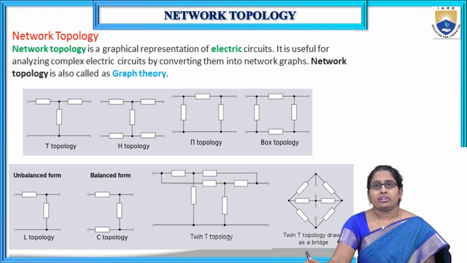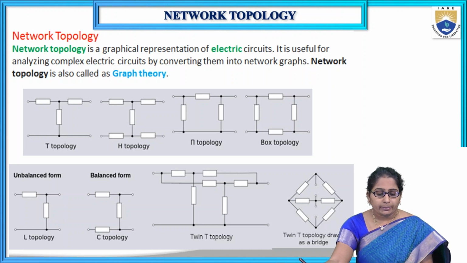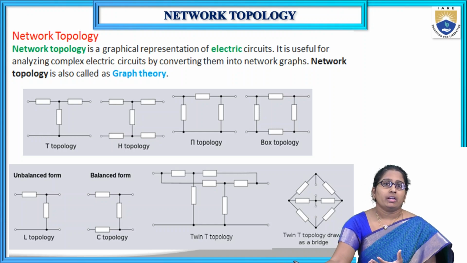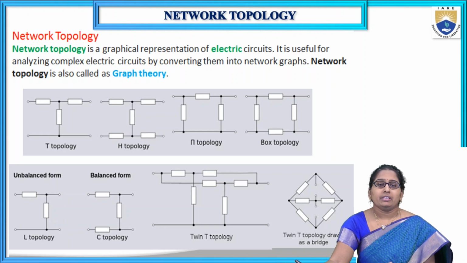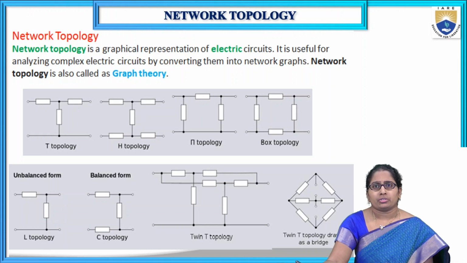Here you can see some network graphs which are shown. The first one is a T topology, and that is how it is represented. Then you can see the H topology, representing an electric circuit as a graphical representation.